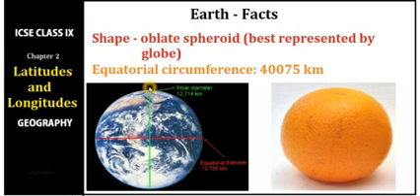But the differences are not shown in the case of a globe. When measured, the equatorial circumference and the polar circumference are found to be very different.